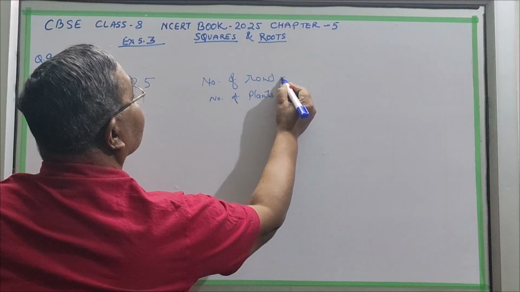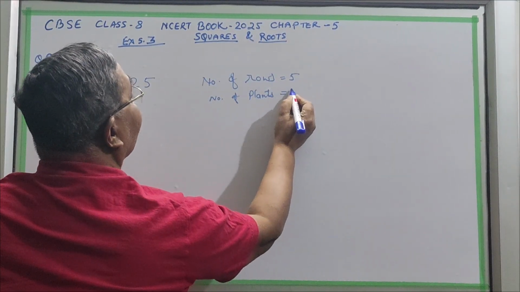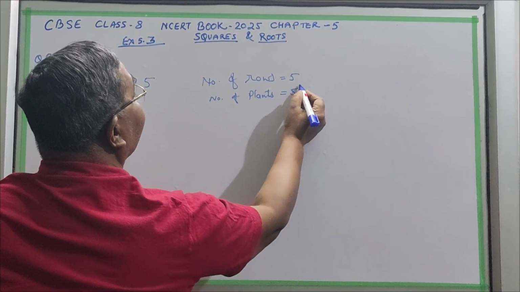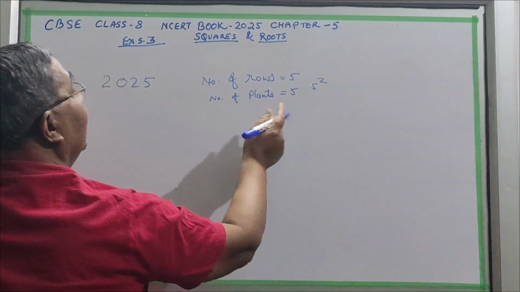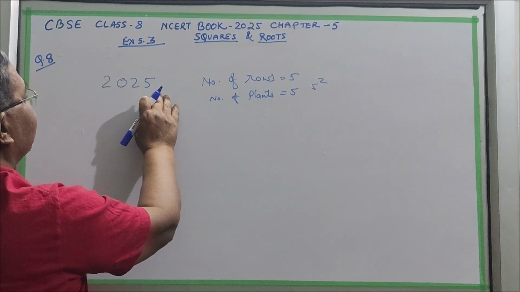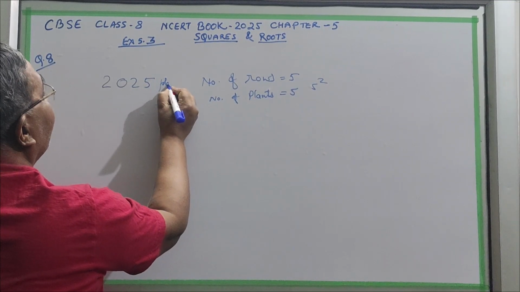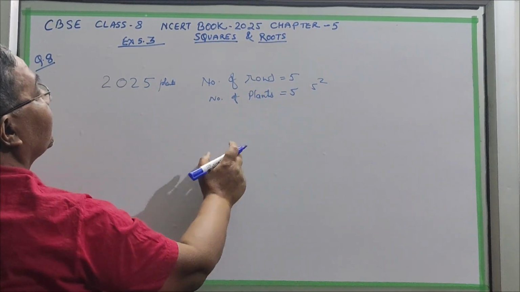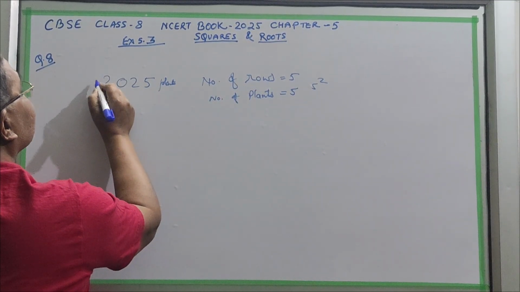Means if the number of rows is 5, the number of plants should also be 5, so it will be the square of a number. So in this pattern, what will be the number of rows or number of plants? It will be the square root.